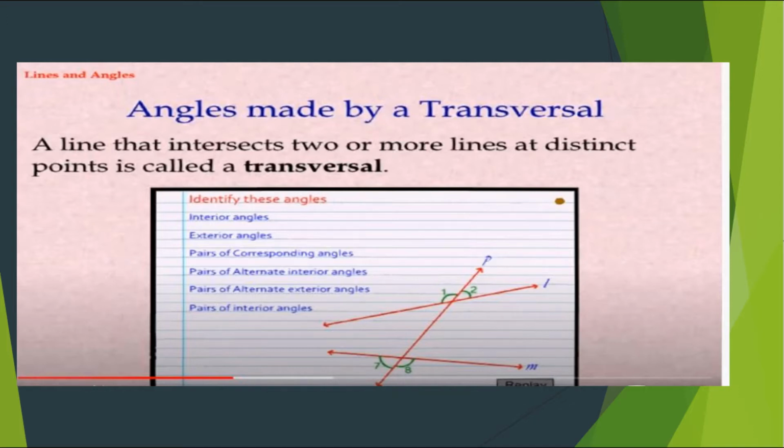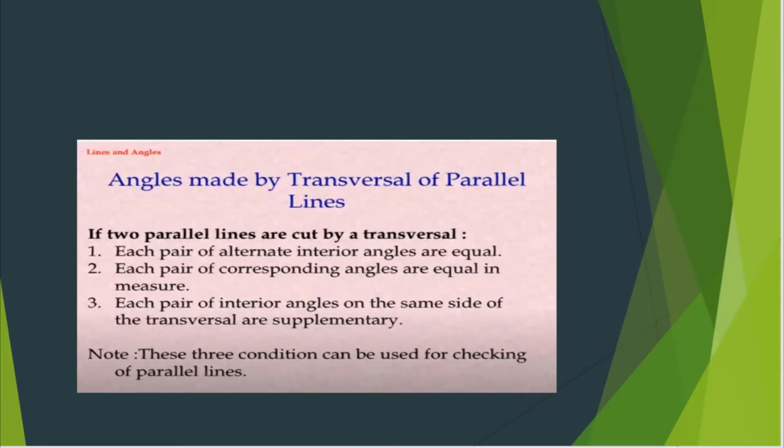So we have to understand the line which is intersecting, like in the figure, the line P is intersecting L and M. So P is called the transversal. Angles 1 and 2 are forming a linear pair, but angles 1, 2 and 7, 8 are formed on the exterior side. These are the exterior angles, and the remaining angles which are formed on the other side are called interior angles.